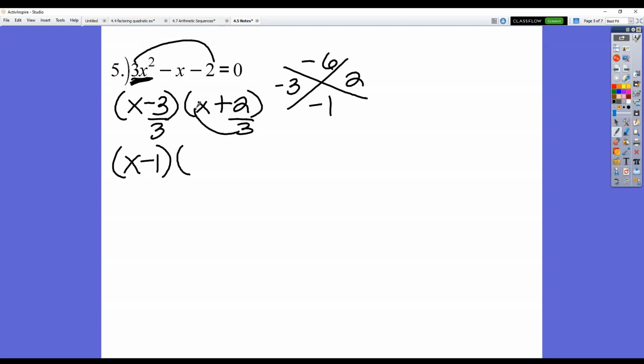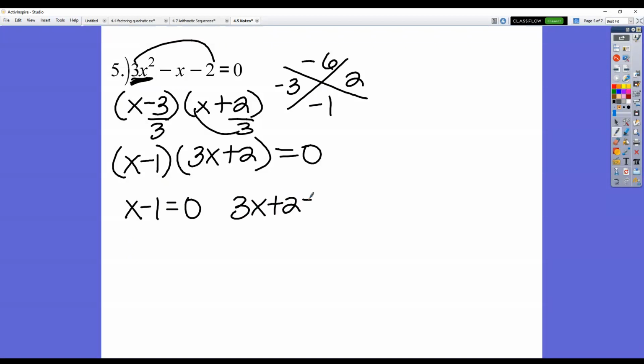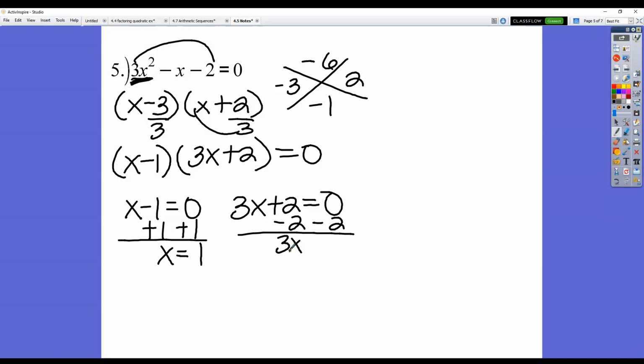That doesn't divide evenly, but it is in simplest form. Now we set those factors equal to 0. We get x equals 1. Subtract 2 over here. Divide by 3. X equals -2/3.